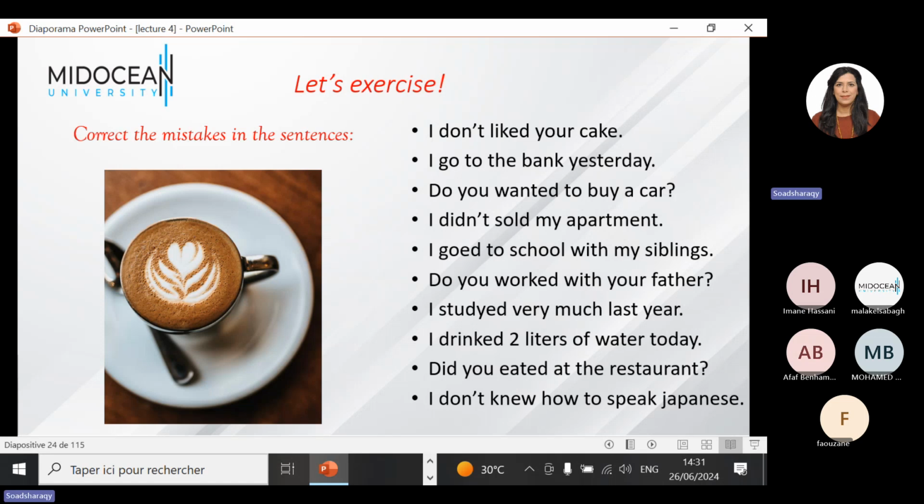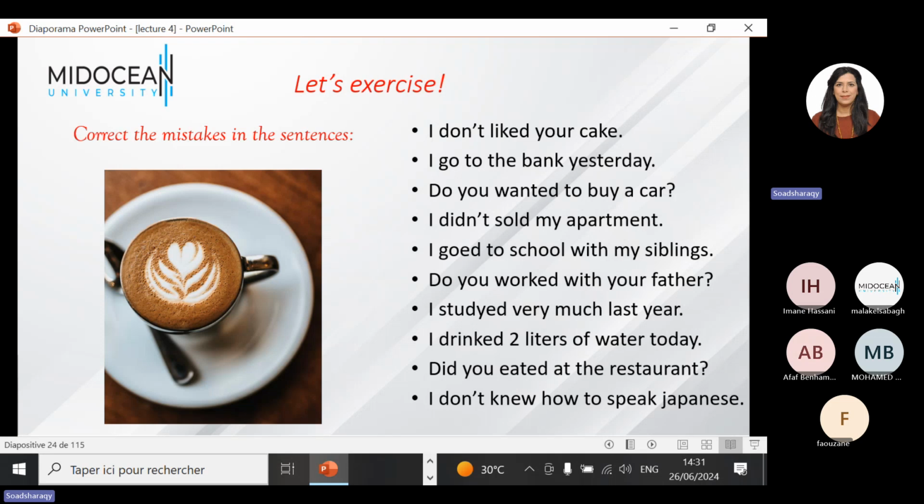So, do you want to buy a car? Or the simple past: "Did you want to buy a car?" Okay. Next example.